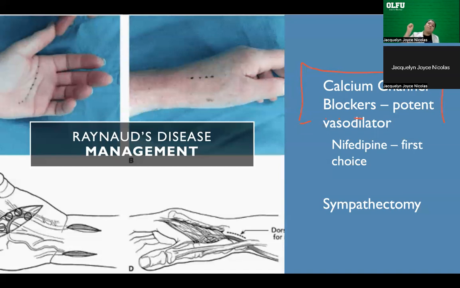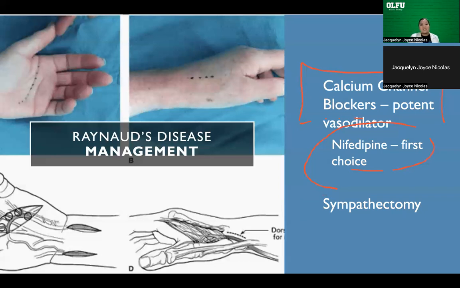So it will send a signal to our blood vessel to dilate, whether or not it's malamig or not, pero it will follow the instruction of the drug. So it will dilate. Okay, and the first drug of choice for Raynaud's disease is nifedipine. Okay, that's the first drug of choice.